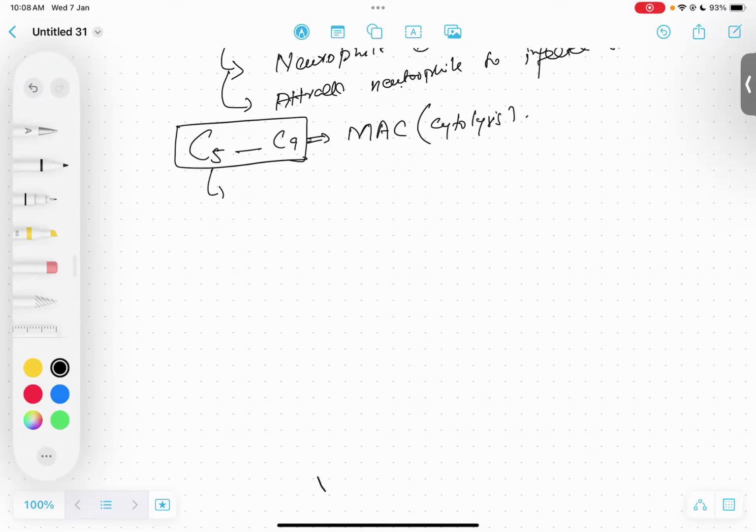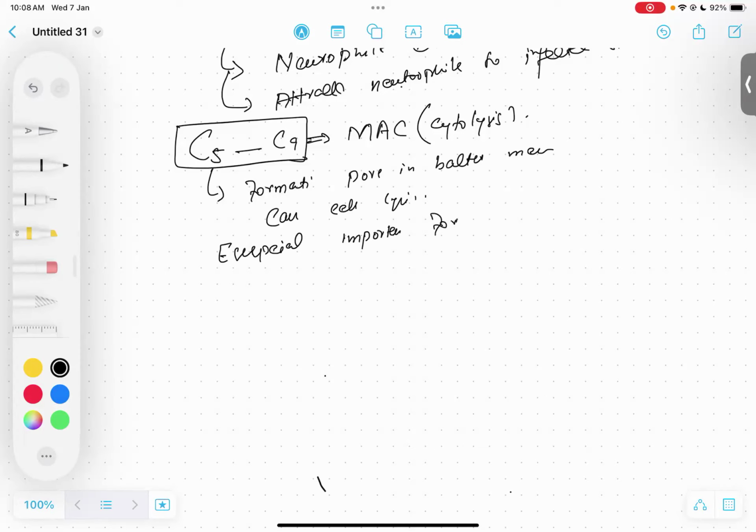It will lead to formation of pores in bacterial membranes and cause cell lysis. And this MAC is especially important for Neisseria species.